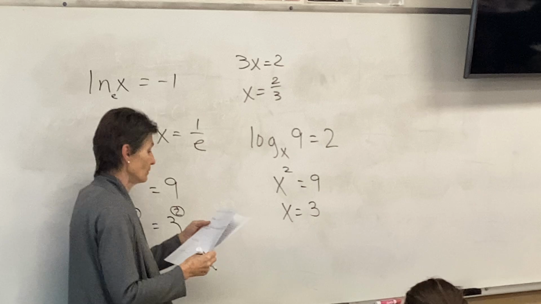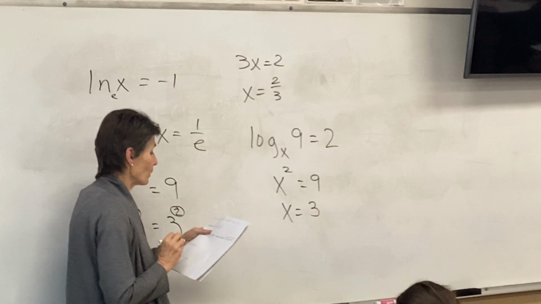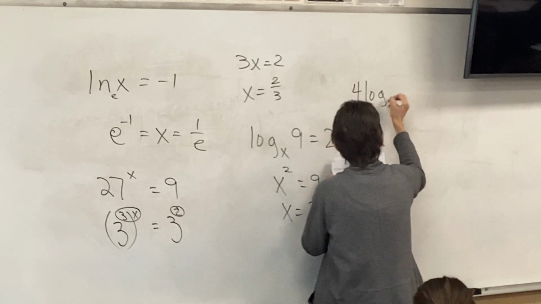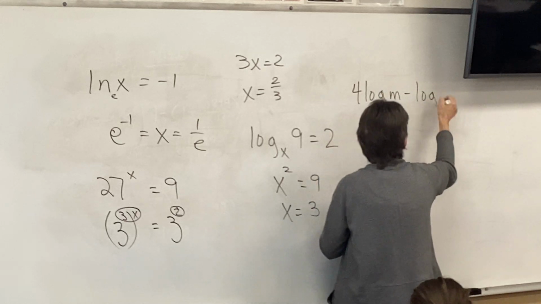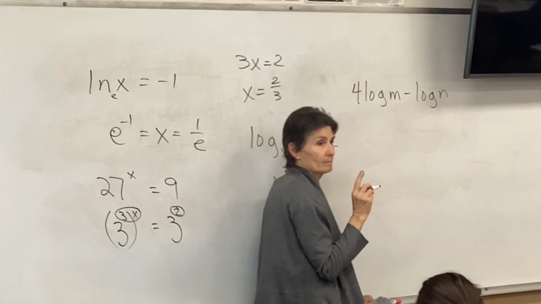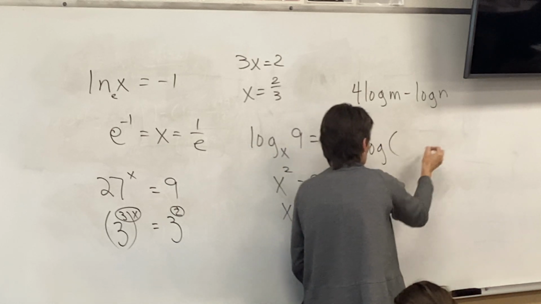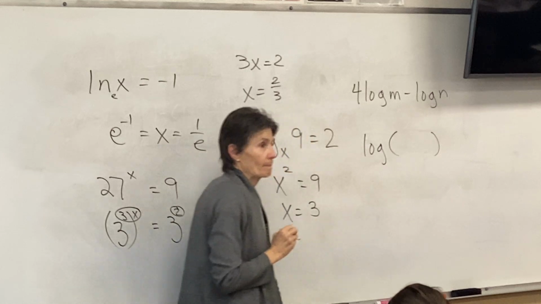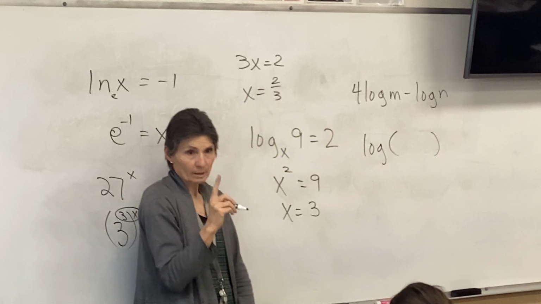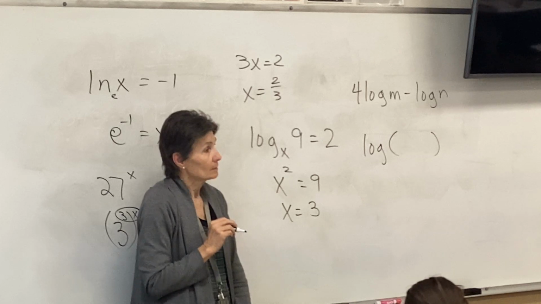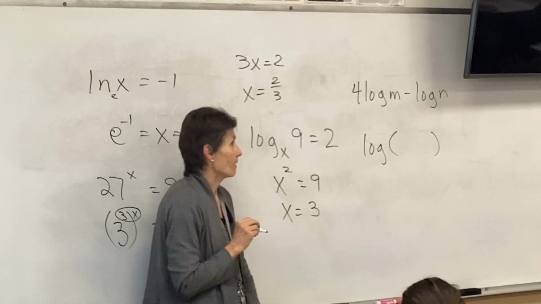Number 5, still no calculator. Write as a single logarithm. All right, so let's be sure we understand the end goal here. You are going to write log, parentheses, 1 log, 1 parentheses, and now you're going to fill the parentheses. So what's going to go in there?